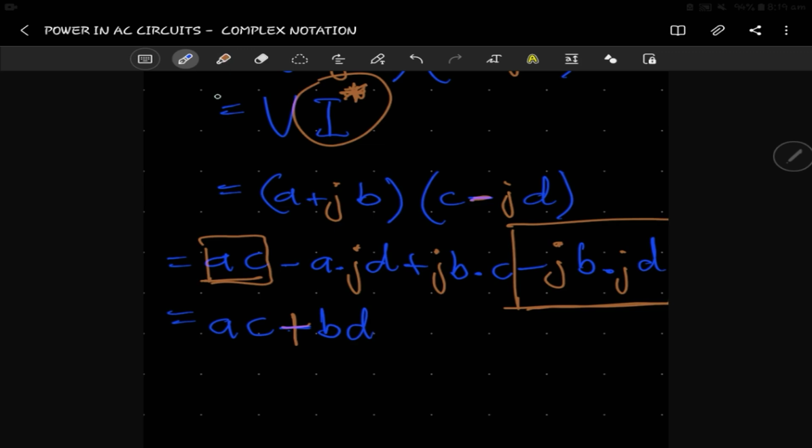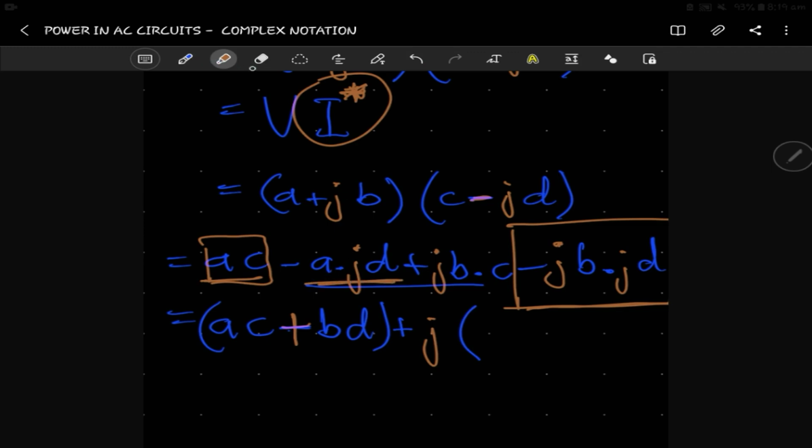So this is all we have for the real part. And now we are working on these two. We bring the J out, let's just make it positive, and bring a bracket for this particular one here.